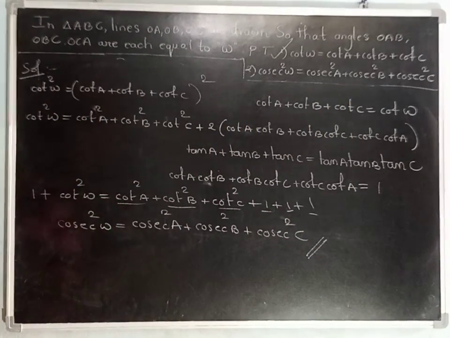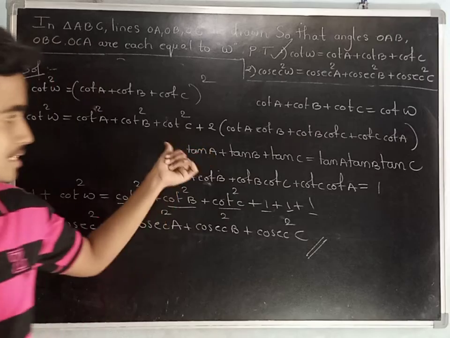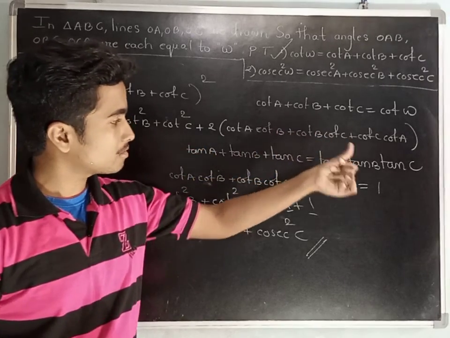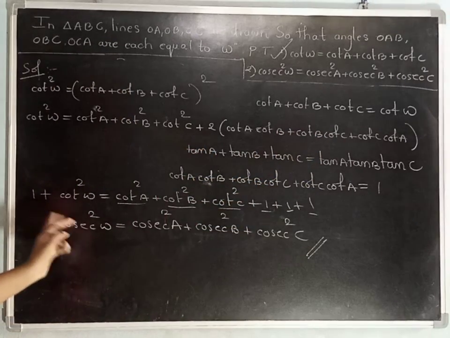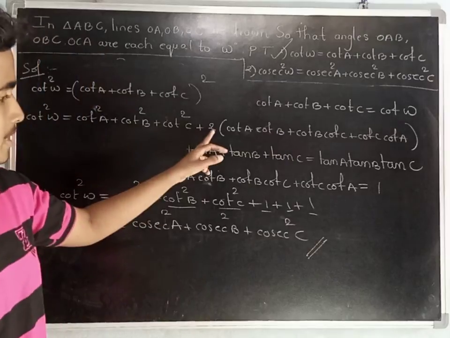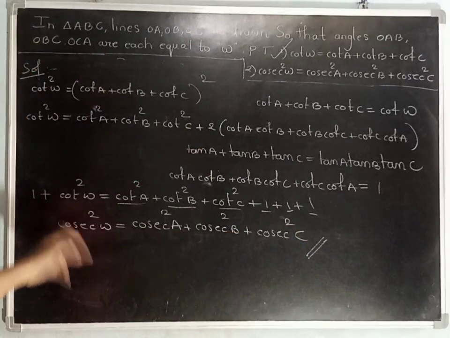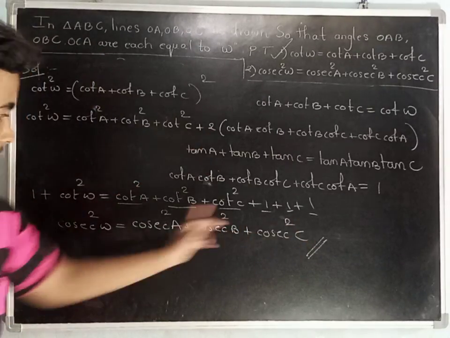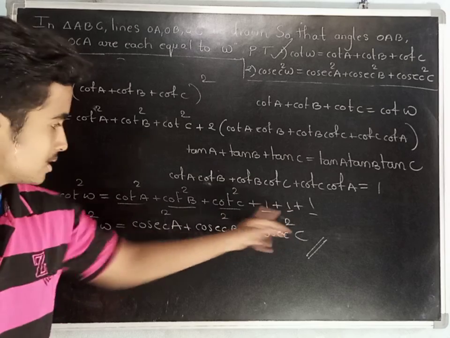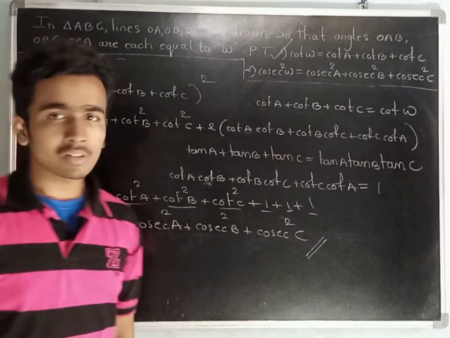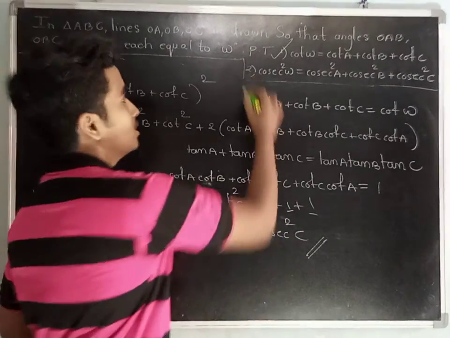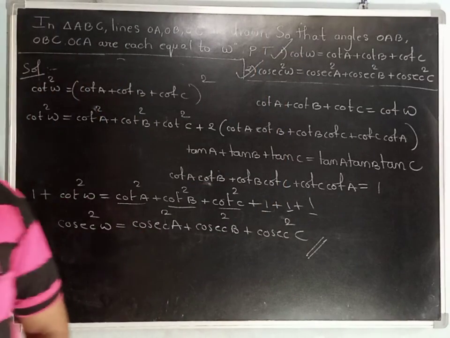Like this, squaring on both sides and further simplifying, we get this result. Keeping this term equal to 1, we will get plus 2. Adding 1 on both sides, cosec square omega is equal to cosec square A plus cosec square B plus cosec square C. This is how we can prove the second result also.